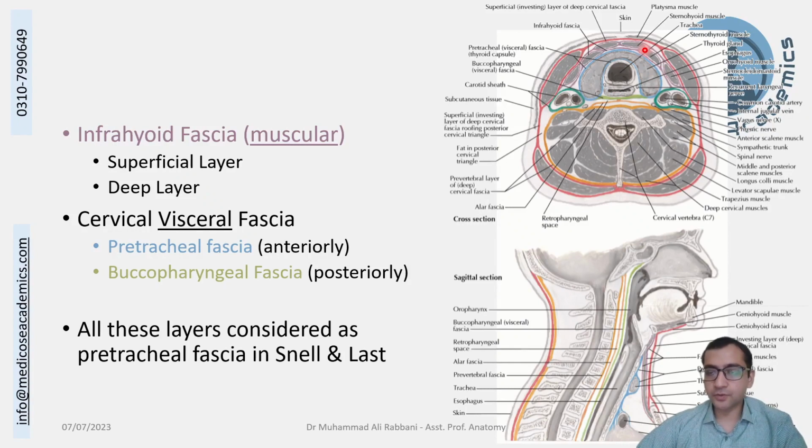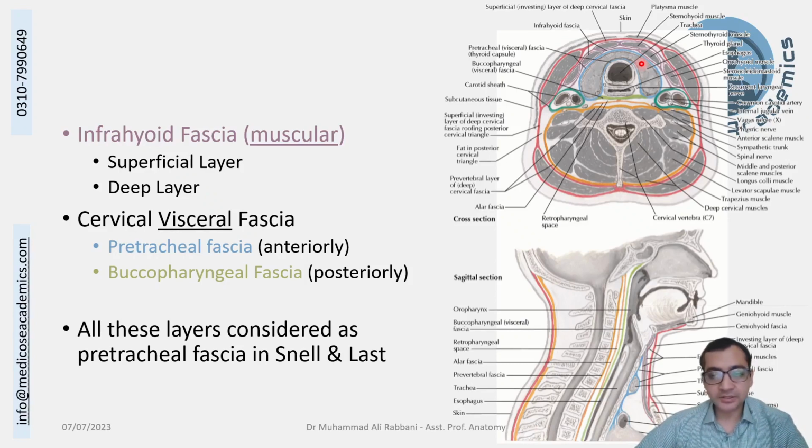In Snell, most of you will be reading Snell's review of anatomy, you will read only one name, that is pretracheal fascia. But remember, in Snell's and some of the books, if the other fascia names are not given, this will be including the infrahyoid, the muscular fascia, and the visceral fascia.